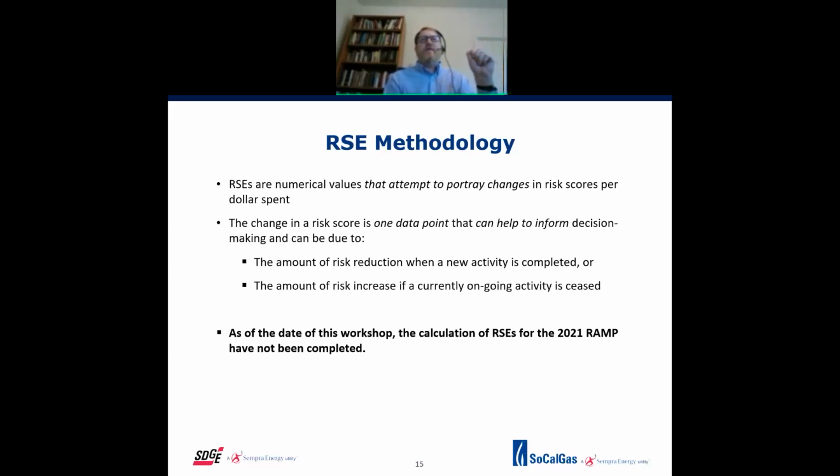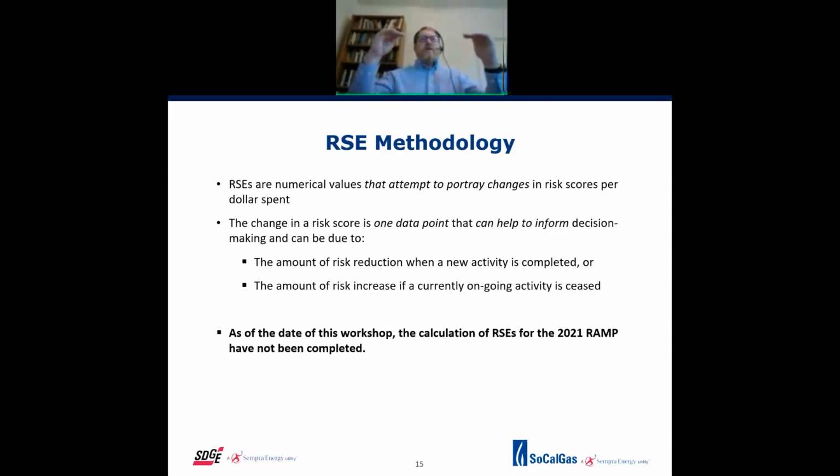So having said that, the RSE tries to show the effectiveness of moving the risk score per dollar spent. That's the idea of an RSE. And I wanted just to point out that an RSE can be positive or negative depending on the situation.